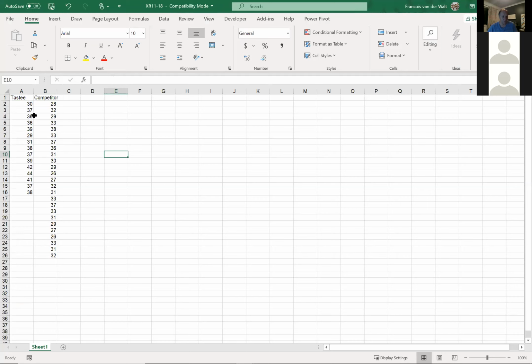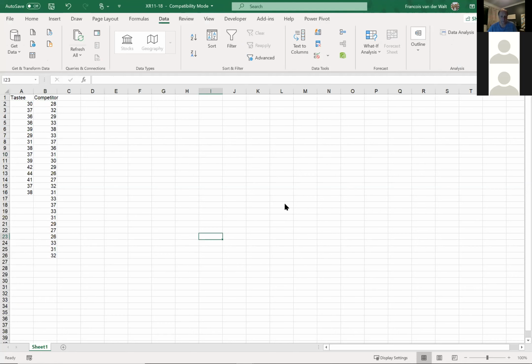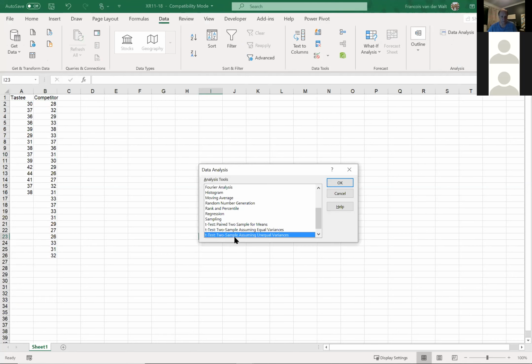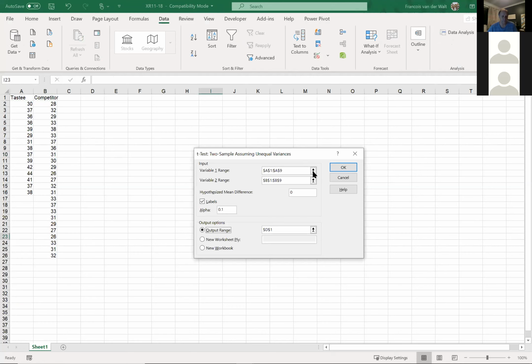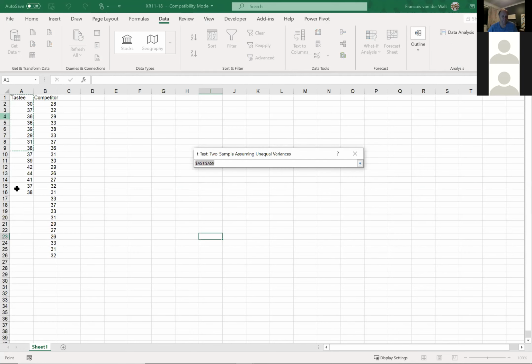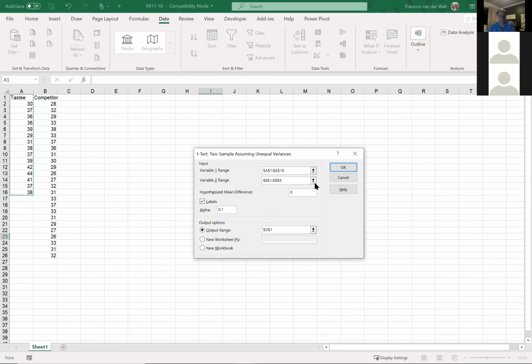Okay, so to do it very quickly, I go to data, go to data analysis, go to t-test two sample, assuming unequal variance. Highlight the first column, highlight the second column.